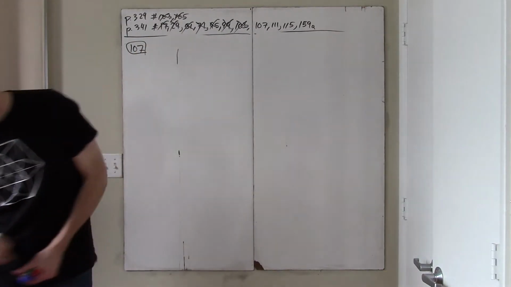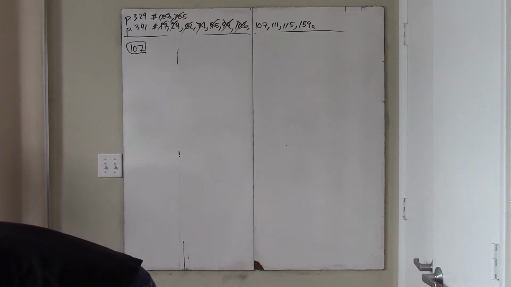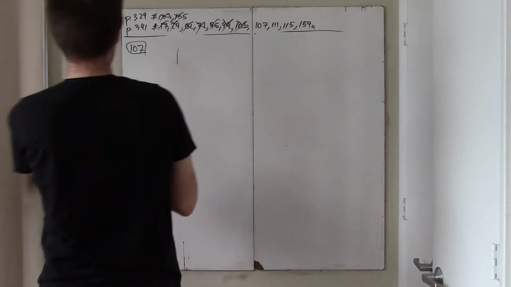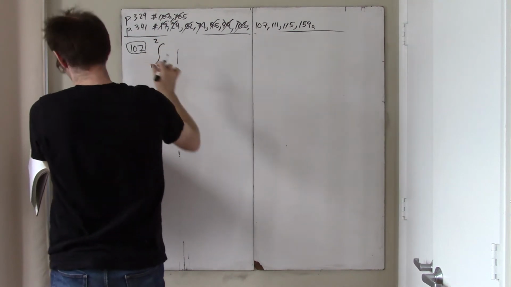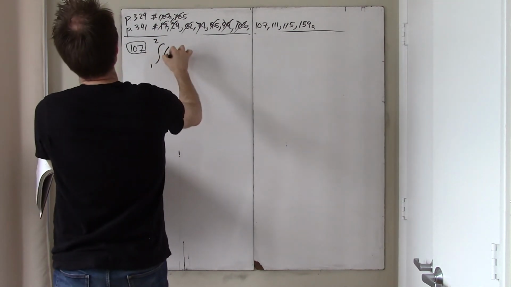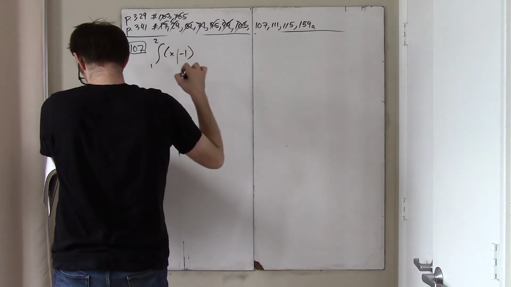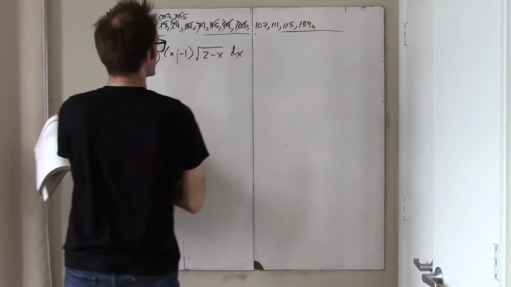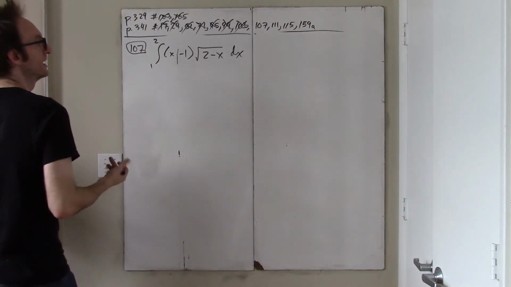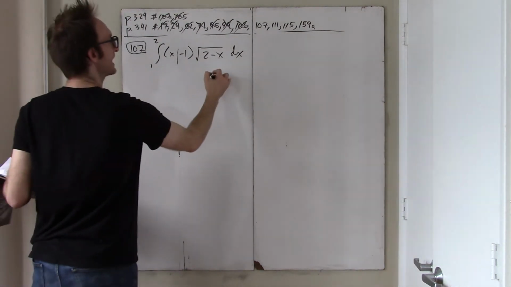Okay. What's 107? Okay, this is just another hard problem. Integral from 1 to 2 of x minus 1 root 2 minus x dx. Okay, what should we do? I am just so experienced that I know exactly what to do.